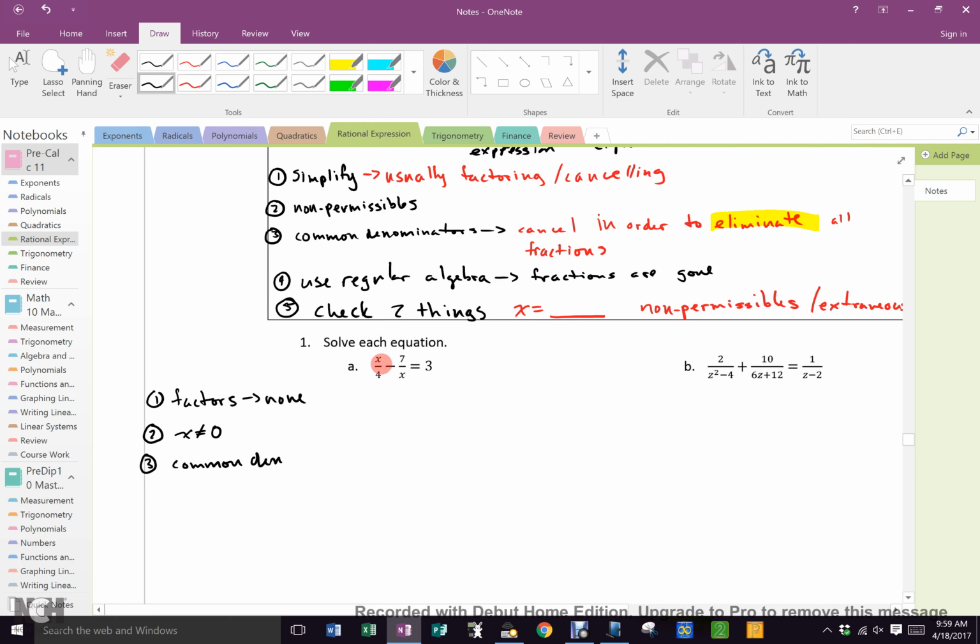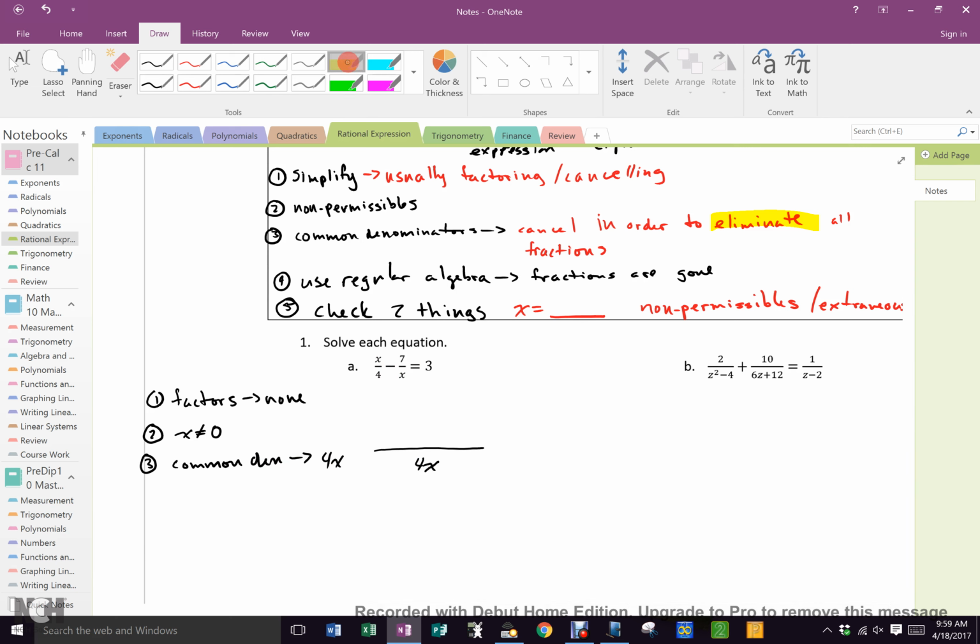Because I'm doing a fraction, addition, or subtraction problem. Yes? So what is my common denominator? 4x. So I can now rewrite my equation as everything over 4x. Yes? Is everybody cool with that? That's my common denominator. Is everyone good with that?